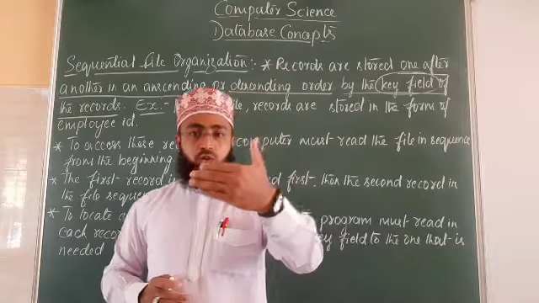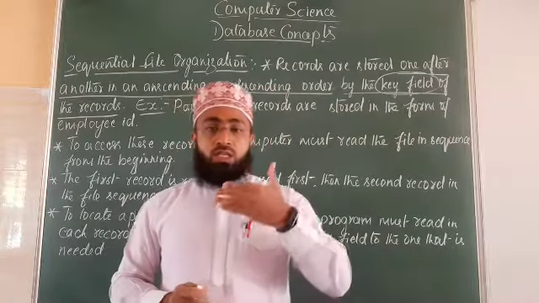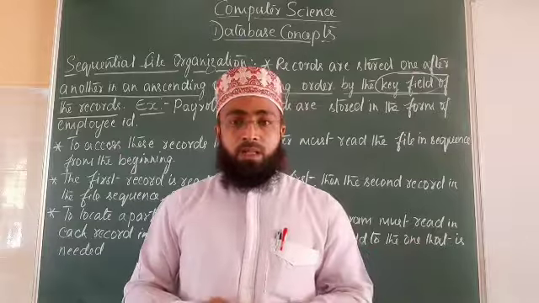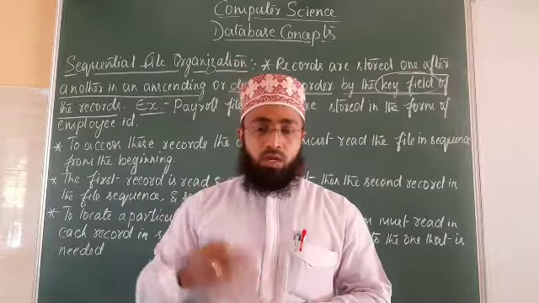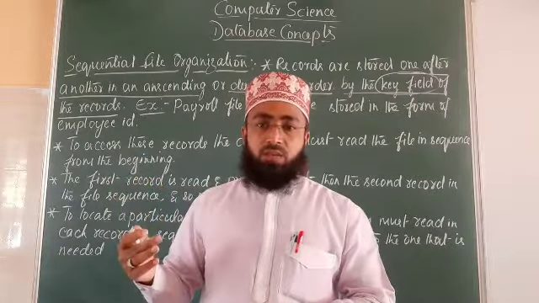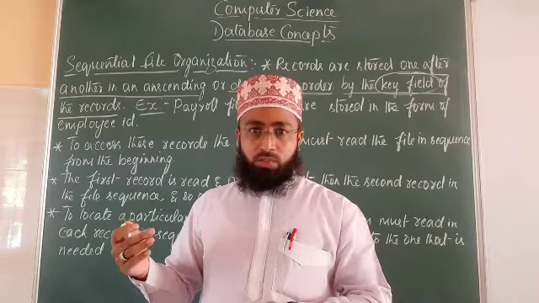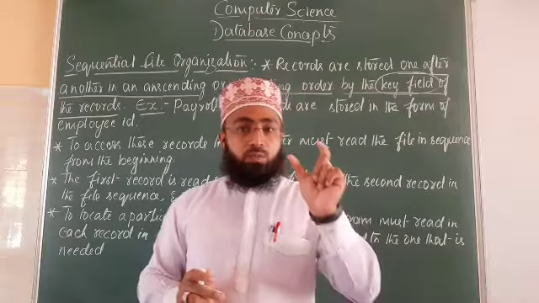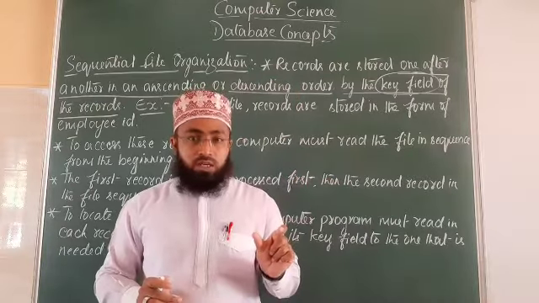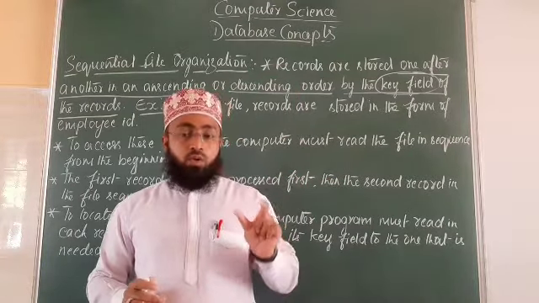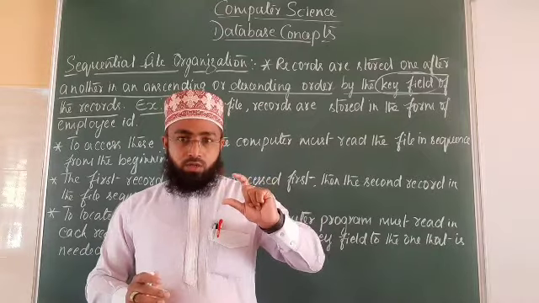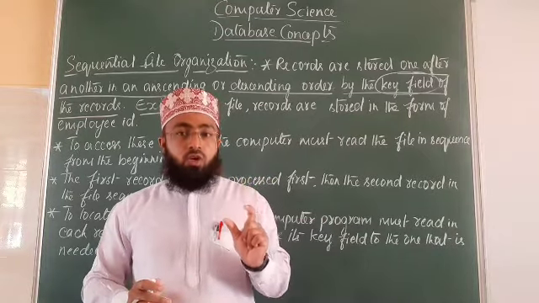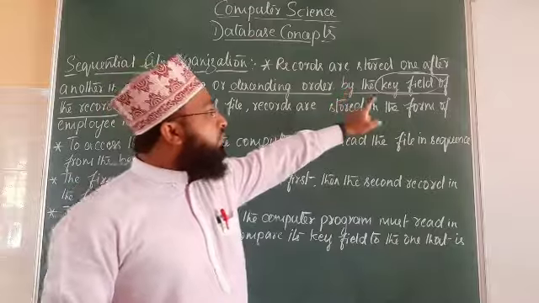Students with the same name may exist, and parents may also have the same names as other students' parents. They can match, but the admission number cannot match with any of the students. So that unmatchable unique number is called a key field.